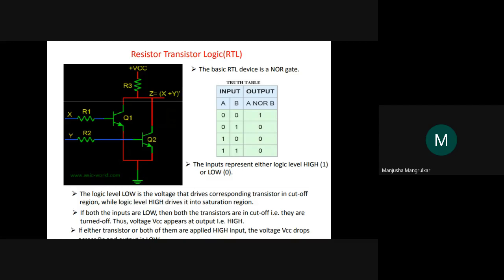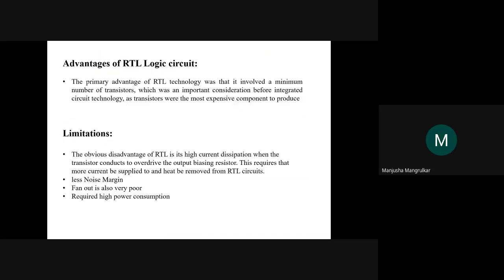If either transistor or both of them are applied high, the voltage drop across Z will be low, and this will be connected to the ground, right? Now, what is the advantage of RTL?